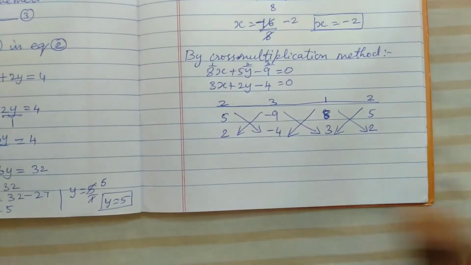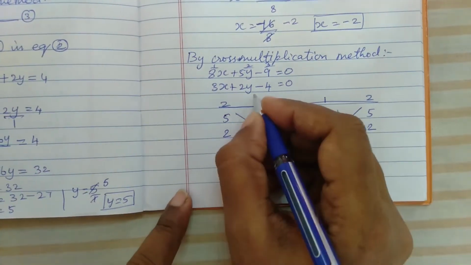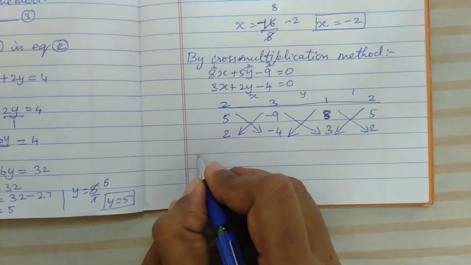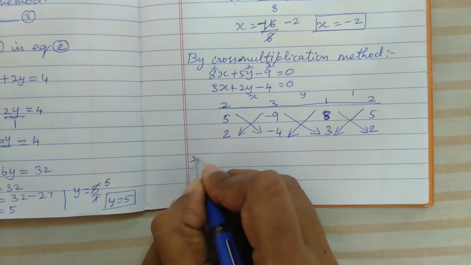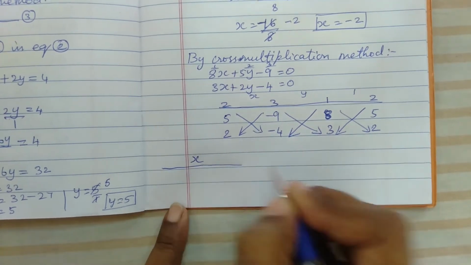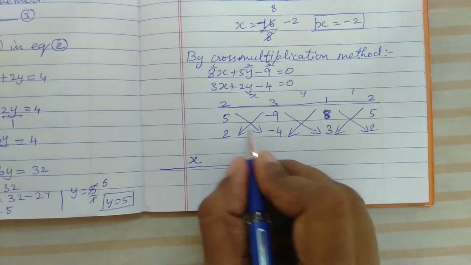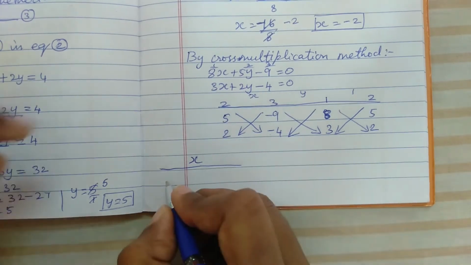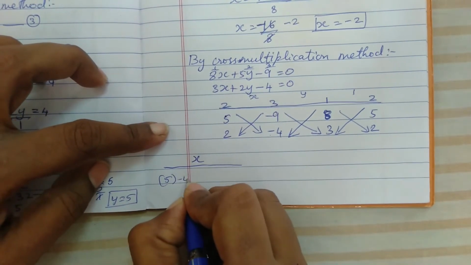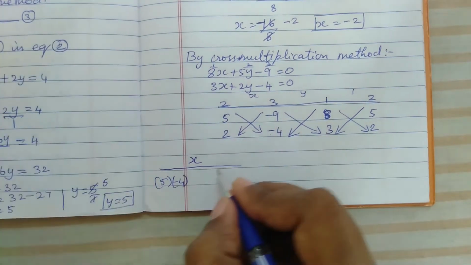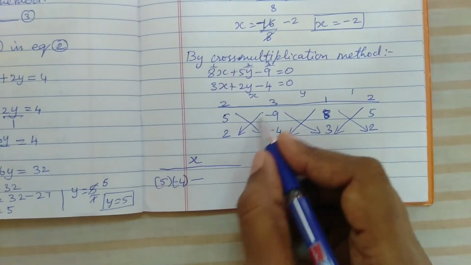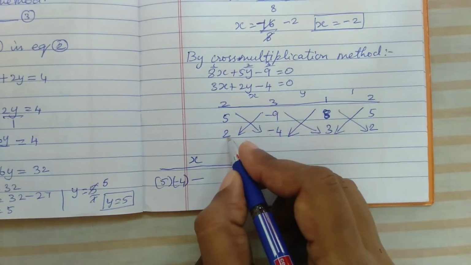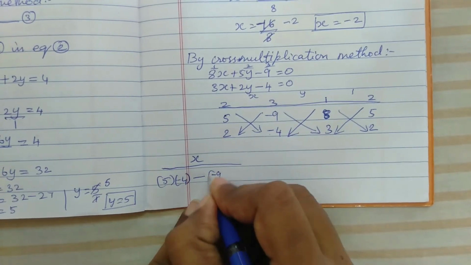Now you have to state this as x, this is y, and this is 1. So now let's write it for cross multiplying. X by, from here to here, so this is 5 into minus 4, and you have to separate it using a minus sign for writing these terms. So now here it is minus 9 and 2, so minus 9 into 2.